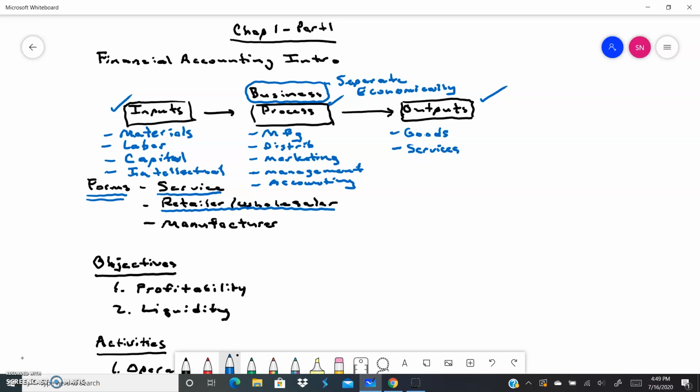A retailer would be taking a finished product, so they purchase the finished product and then resell it. If you think about somebody like Walmart, they purchase those products from manufacturers and then they resell them to consumers. They typically do not do the manufacturing themselves. Target, people like that.